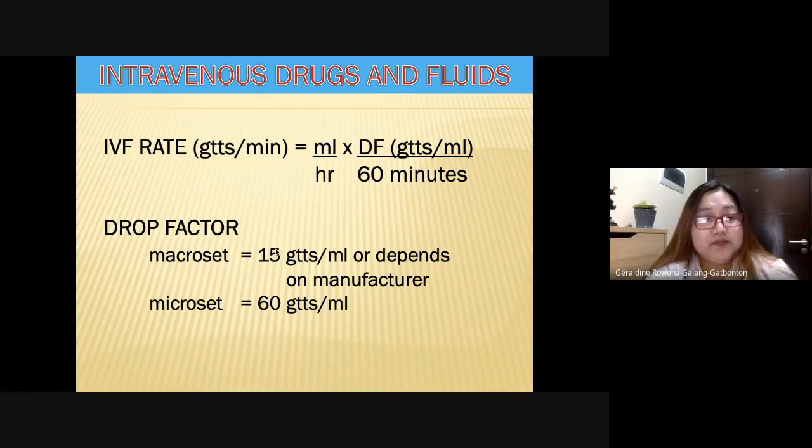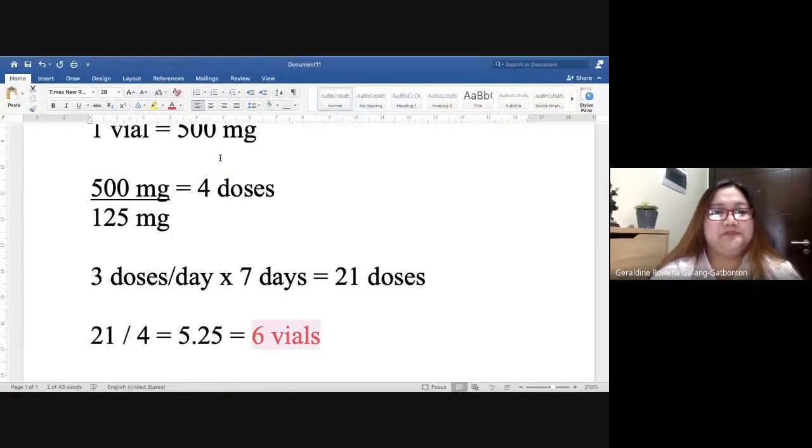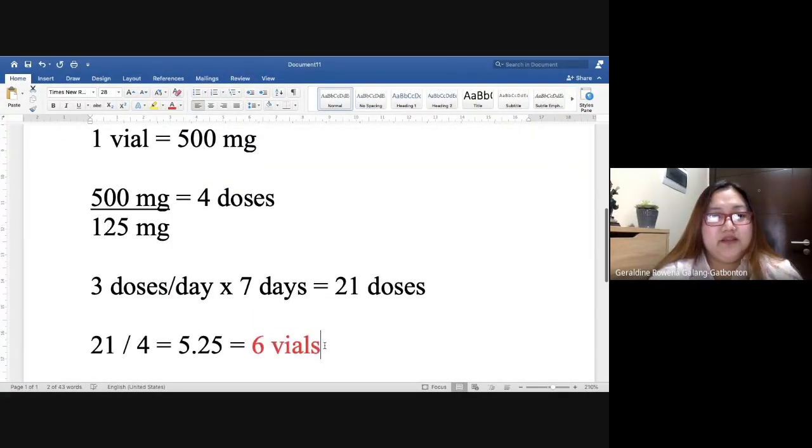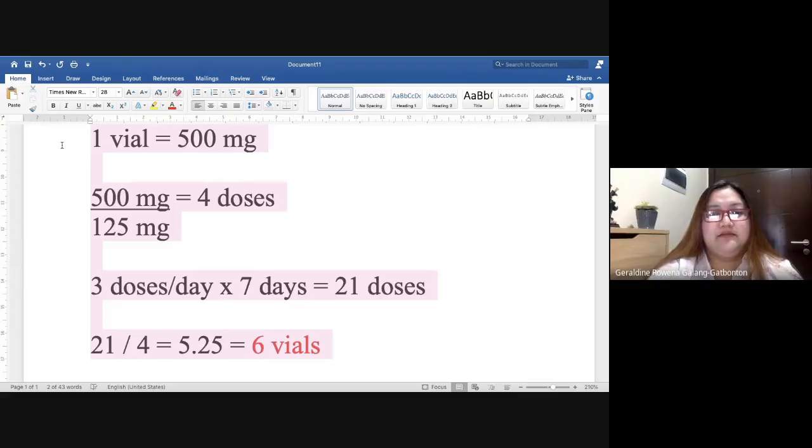So, drops per ml ang unit of measurement ng drop factor. Pero yung hinahanap nating sagot, drops per minute. Ibig sabihin, pag niregulate mo siya, sa 1 minuto, ilang patak. Okay? Kaya manual siya. Alright? So, again, I will write here the formula.